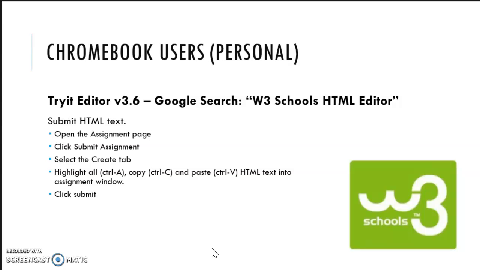First things first, you can use the same option that the school provided computer people use, which is the W3 Schools Try It editor. You would submit your assignments the same way by copying all of your HTML code from the Try It editor and pasting it into the assignment create window. So that's one option.